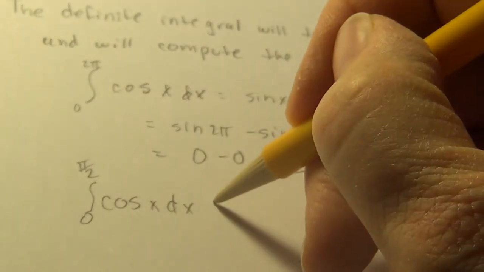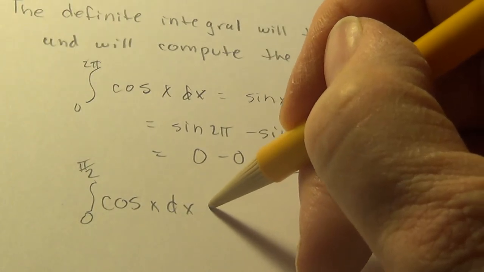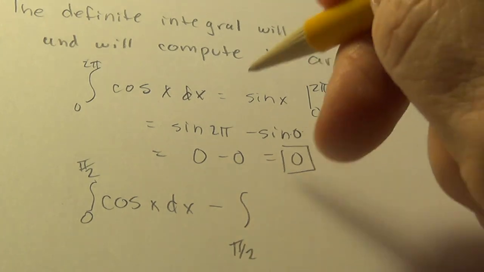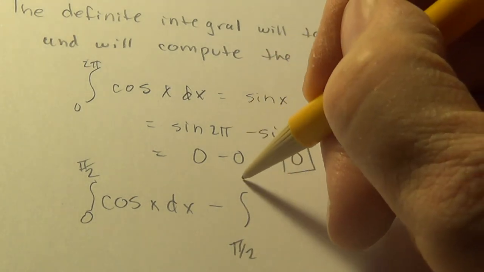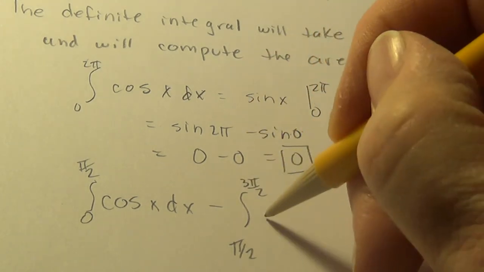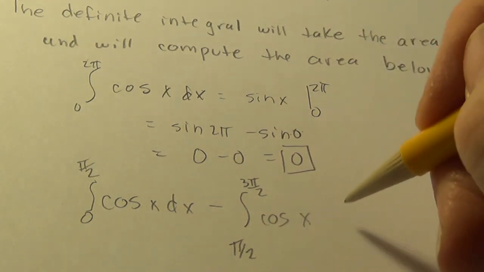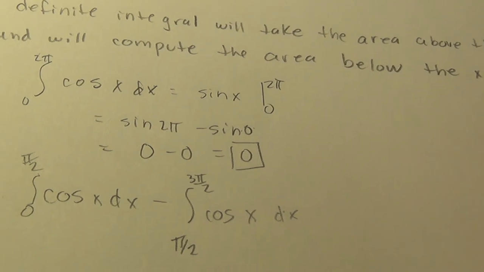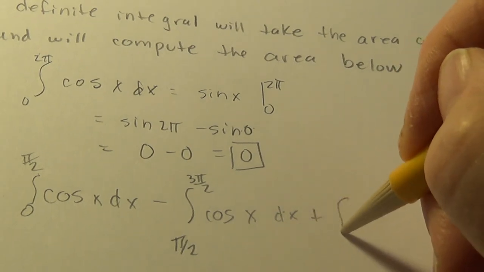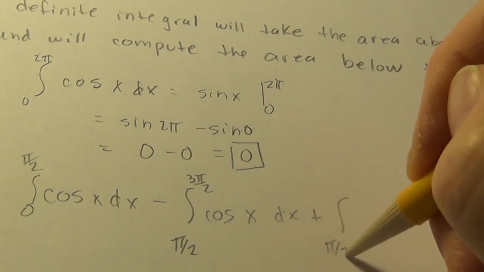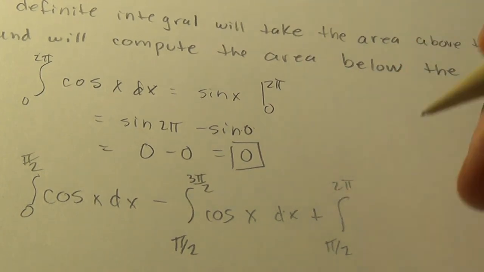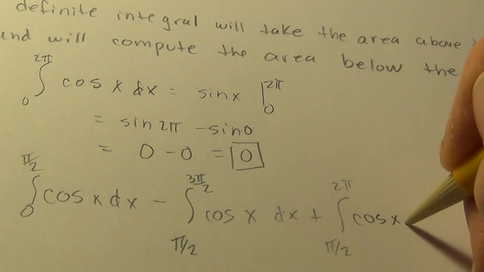And then I'd have to do the next section and put a minus sign in front of it, because that's where it went below the axis, from pi over 2 to 3 pi over 2. And then I would have to do the last section where it went above the axis again, from 3 pi over 2 to 2 pi of cosine x dx.